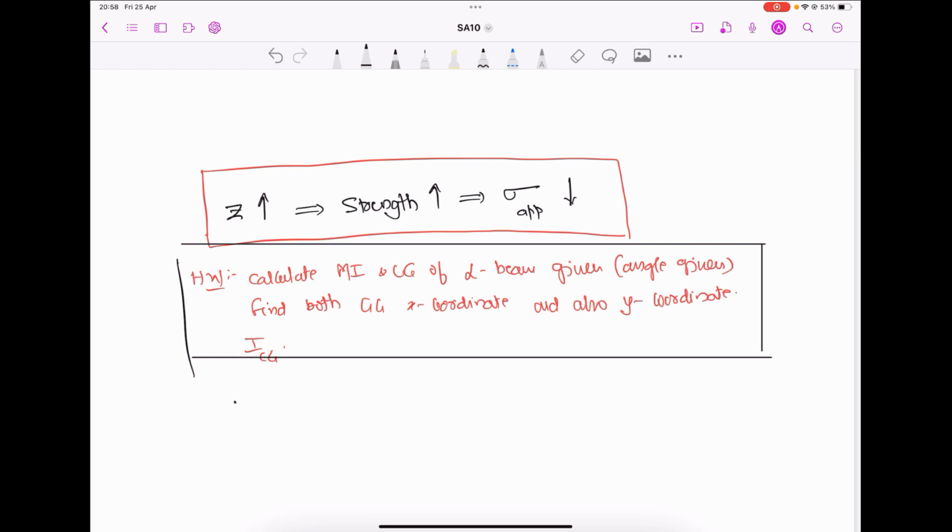Another point: if sigma applied increases beyond sigma allowed with due factor of safety, that implies failure. Ultimately, we have to ensure that our structure will not fail. That is the structural engineer's responsibility.